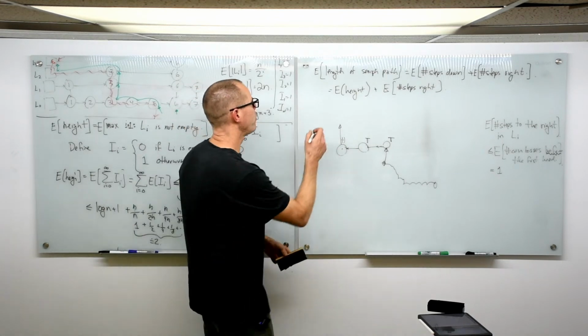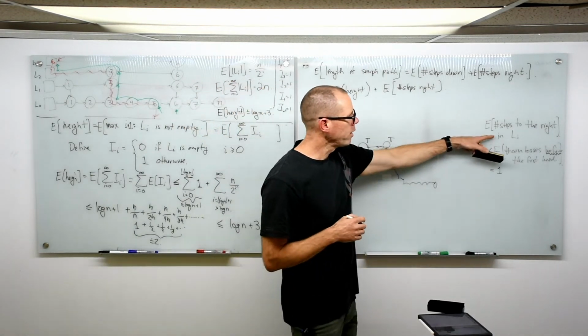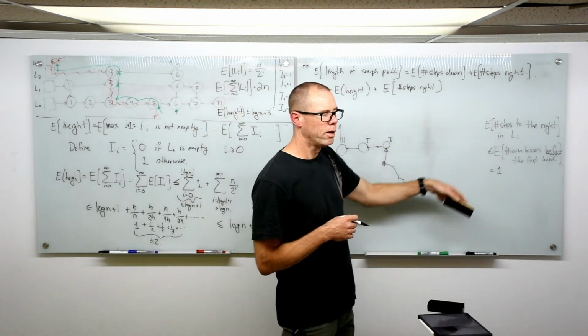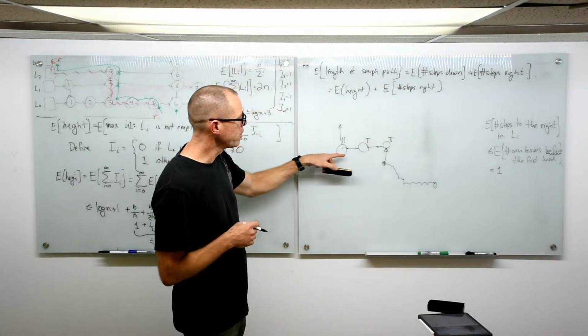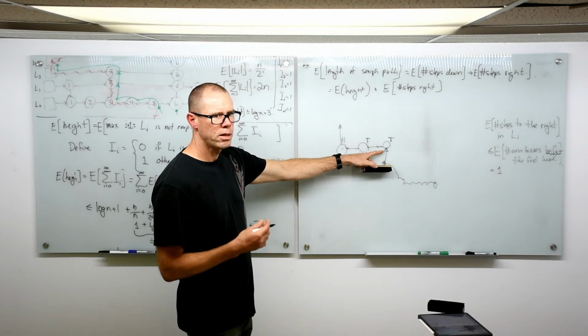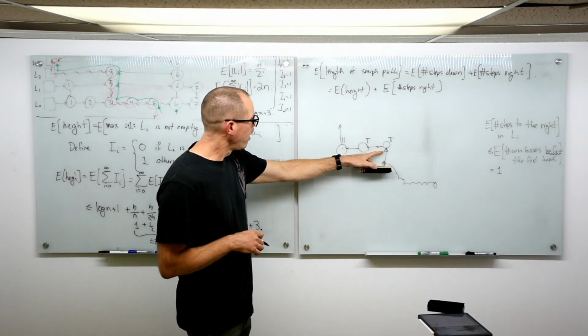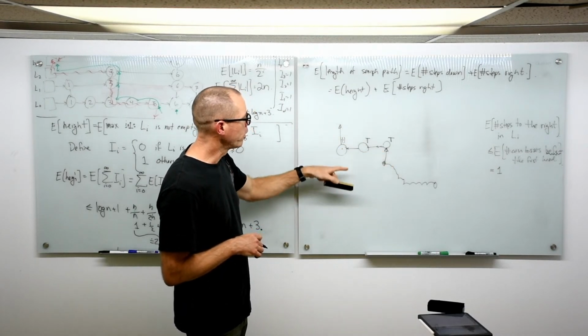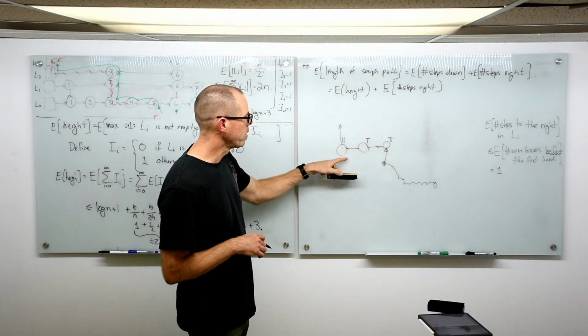All right, so now we can finish up, and this is true for any L_i, right? There was nothing special about which list we happen to be in here. You just imagine you show up in the list, and now you want to know how far you have to walk to the left before you can go up. That expected number is 1.